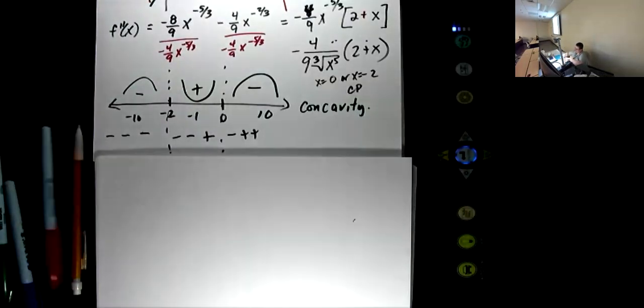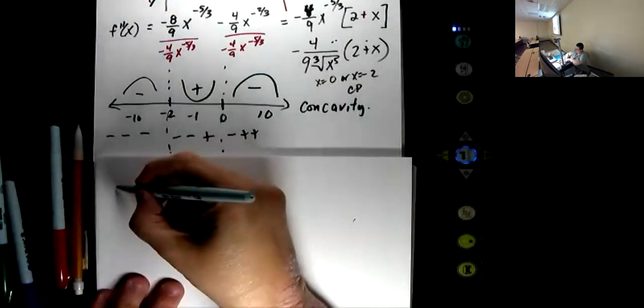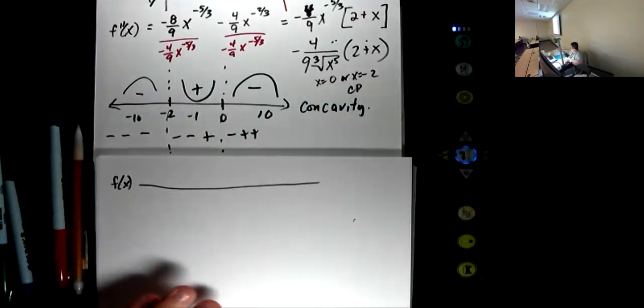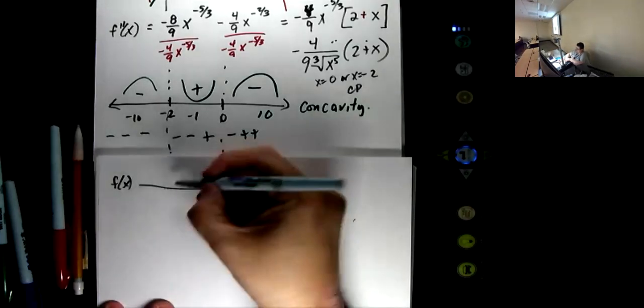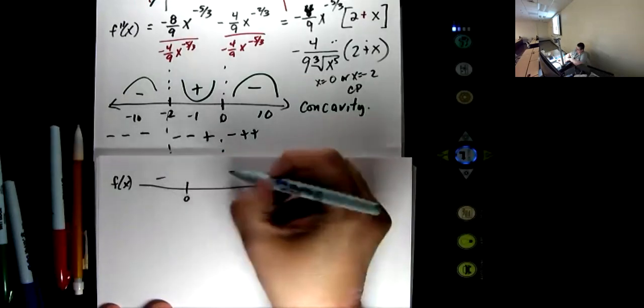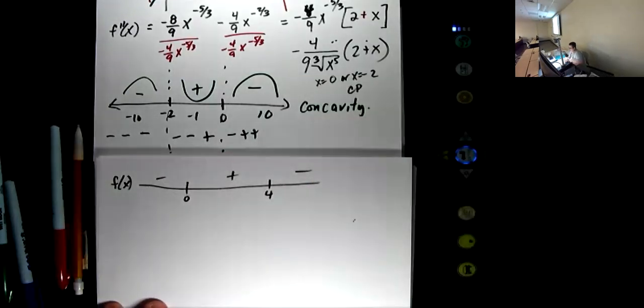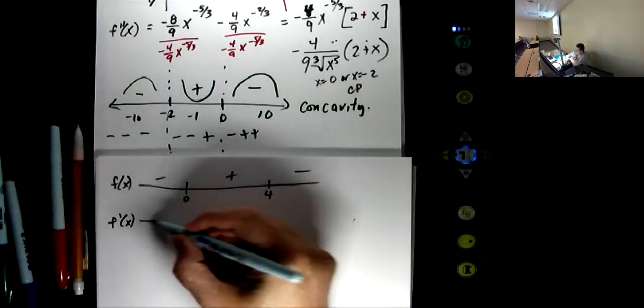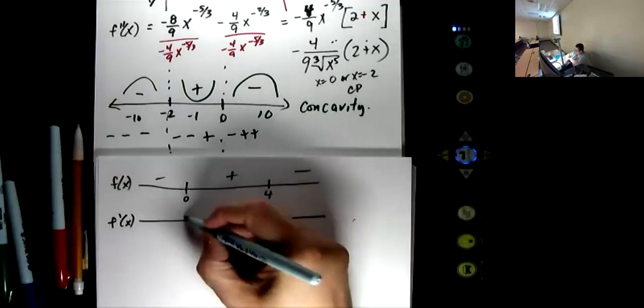So let's put all our sign charts on one page. We had 0 to 4, and it was negative, positive, negative. F double prime, we had 0 and 1.